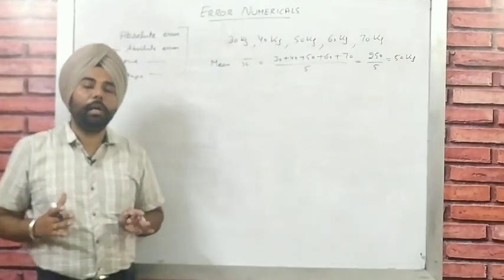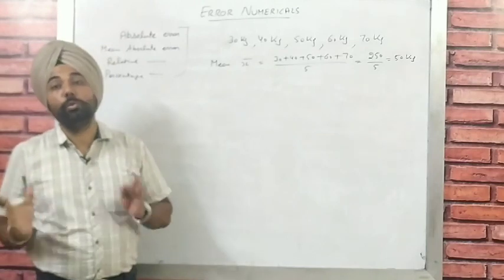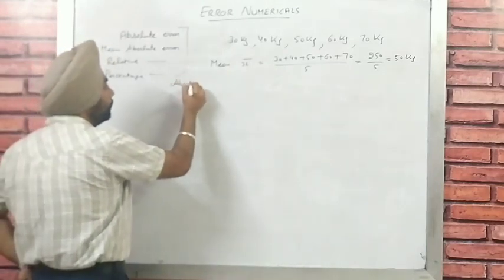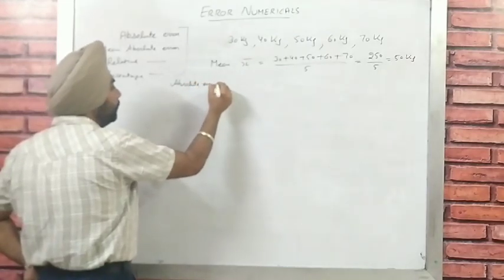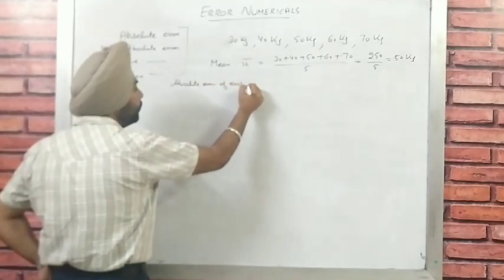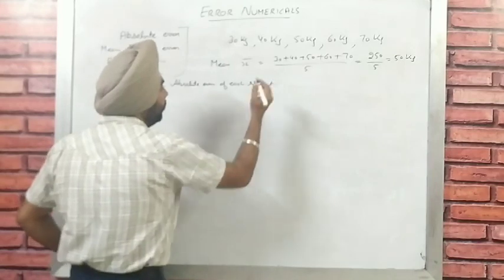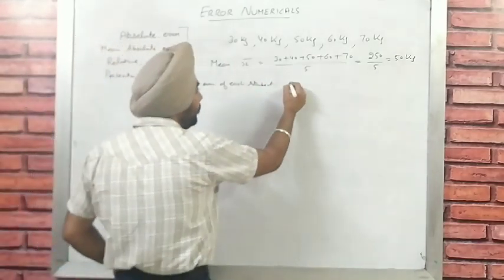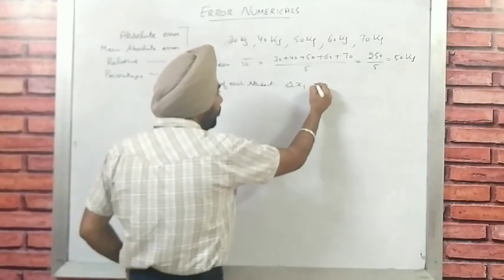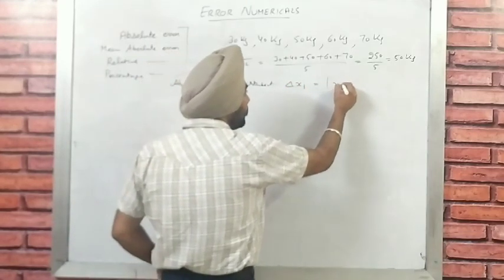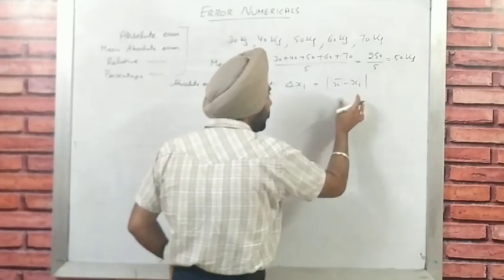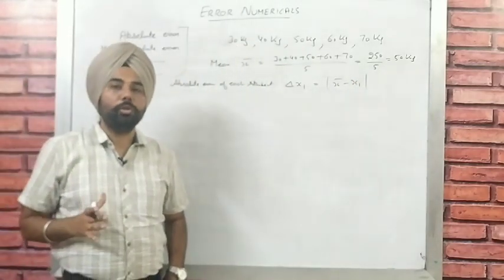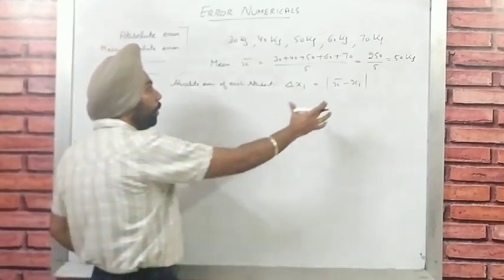Now how can we find out the absolute error of each student? Now for absolute errors of each student, we can easily solve that. The formula is going to be delta xi is equal to modulus of x bar minus xi, because absolute errors are always going to be positive, so that's why we have taken a modulus of that.